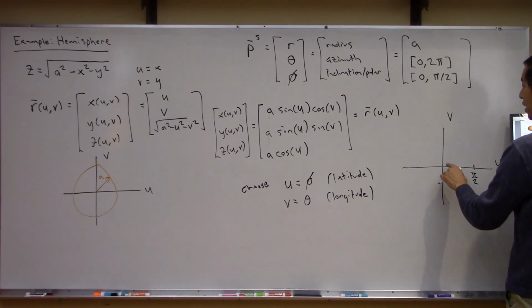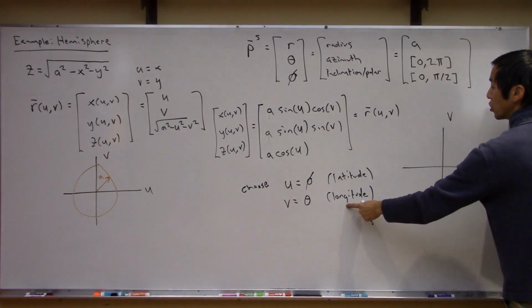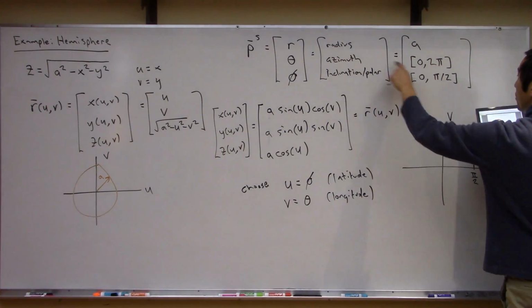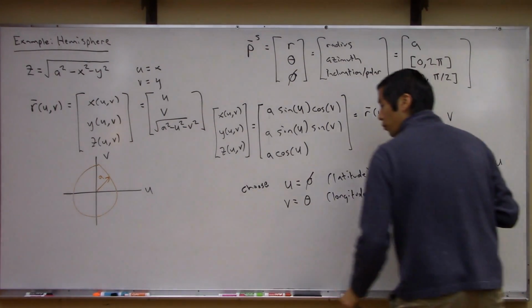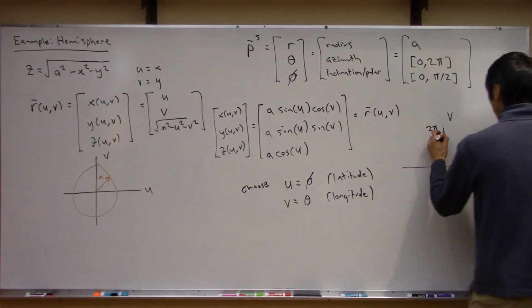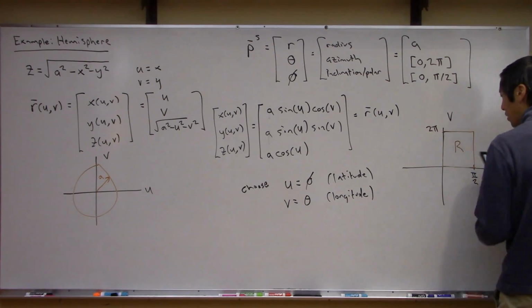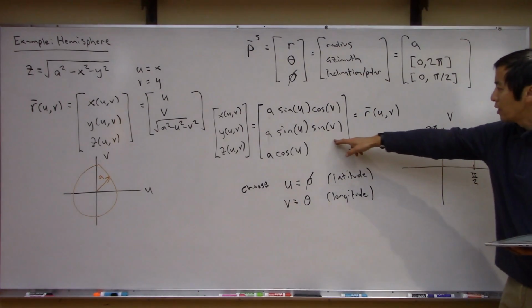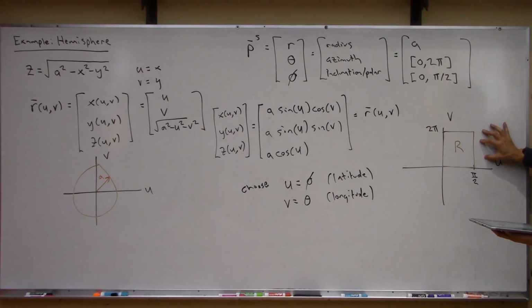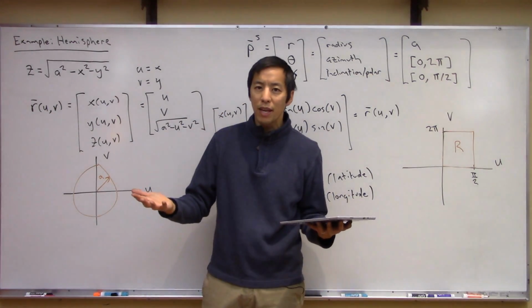And v, which we said was theta, the longitude, runs between 0 and 2 pi. So now the region is purely rectangular. Here is my region R. You can see that this parameterization looks different and the region is different, but both parameterizations describe the exact same surface.